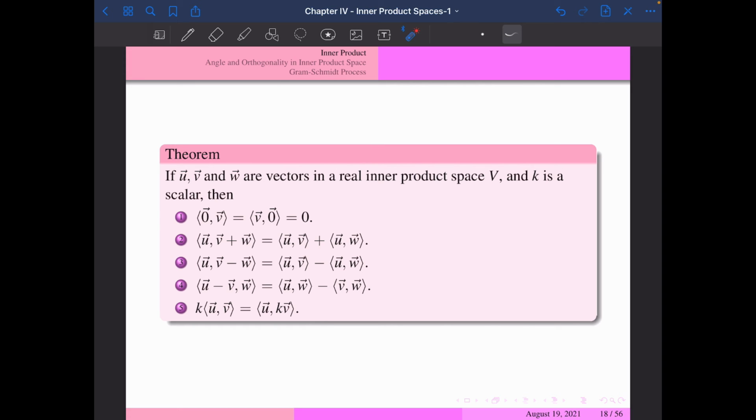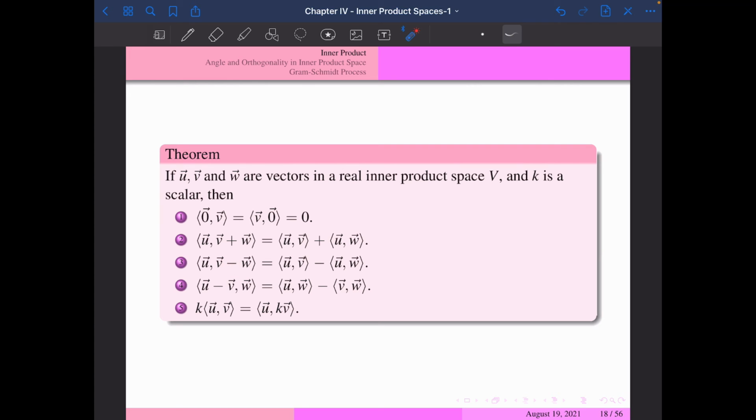Next, for number two, we can distribute the first term, I mean, we can separate the first term, right? And actually, we can do the property in the second component too. And for number three, not only plus, we can use a minus.